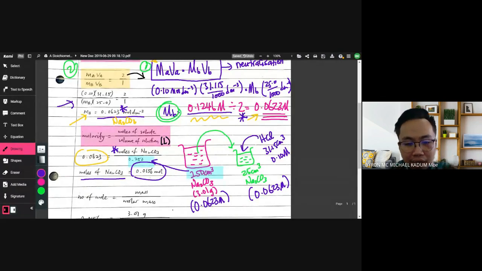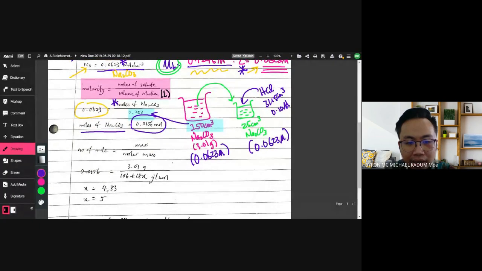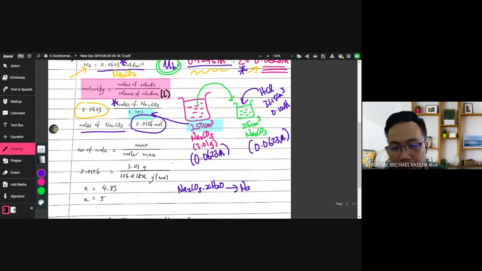So when you get the number of mole right now, what can you do? Kita boleh cari nilai X. Okay, kita sudah boleh cari nilai X sudah. So this is the bilangan mol, 0.0156 mol. So this bilangan mol, kena ingat tadi kan kita sudah buat Na2CO3.XH2O akan menghasilkan Na2CO3 plus H2O kan.